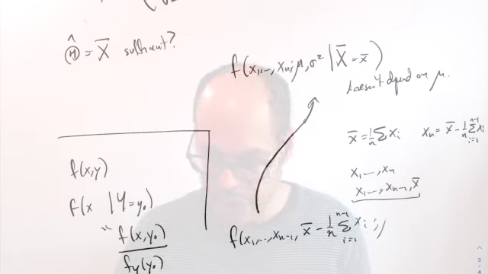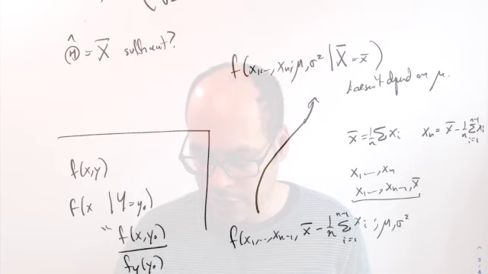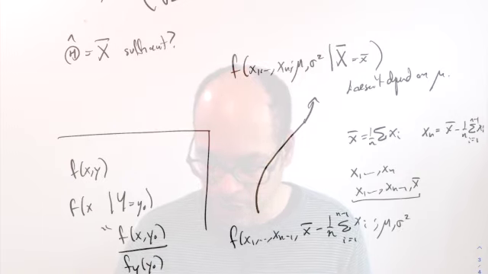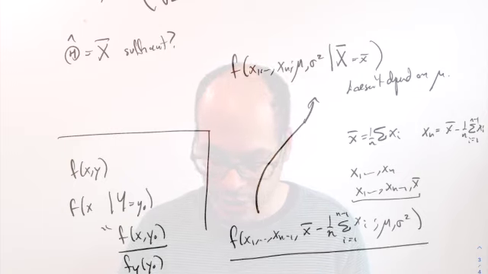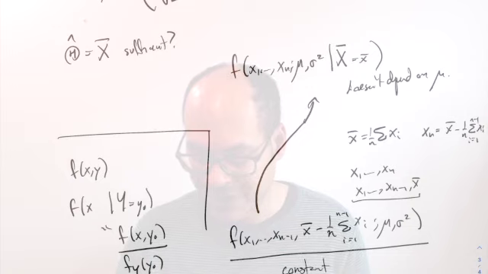This depends in principle on mu and sigma squared. So this is the plug-in part. And now I need to divide by some appropriate constant in order to make the integral equal to 1.